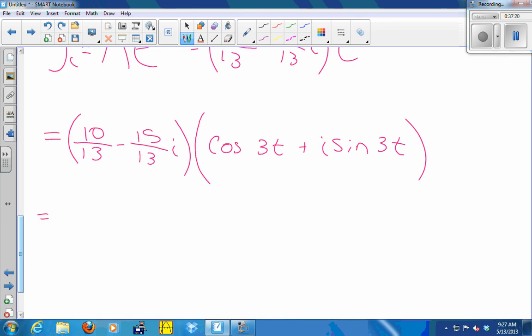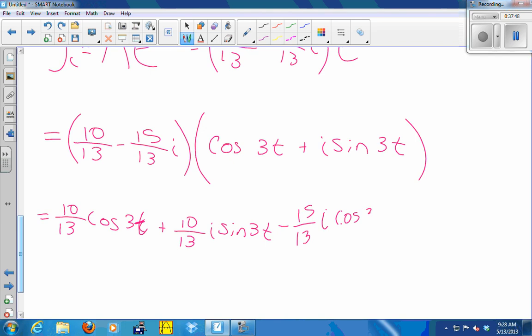So I have 10 13ths cosine 3t plus 10 13ths i sine 3t, plus 10 13ths i sine 3t minus 15 13ths i cosine 3t plus 15 13ths sine 3t.